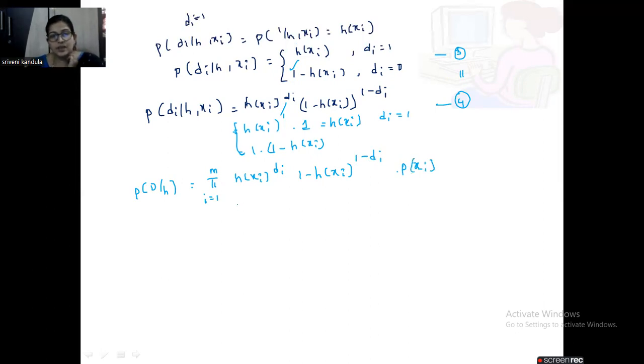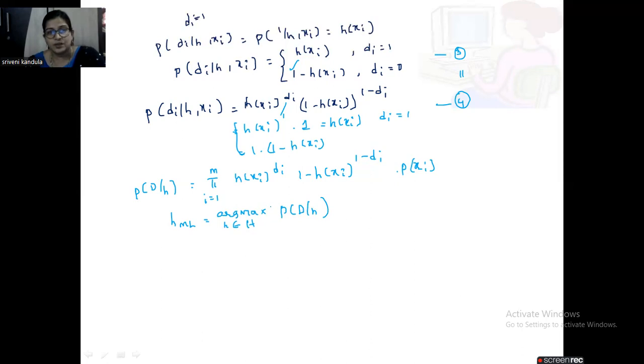And let's apply the maximum likelihood hypothesis on this. As per maximum likelihood hypothesis, what is HML? It is argmax over h belonging to capital H of P of D given h.